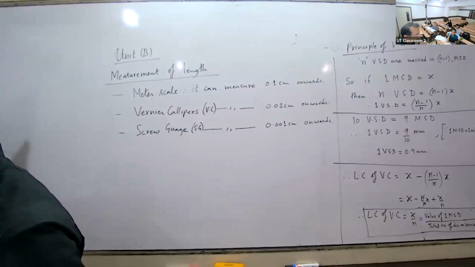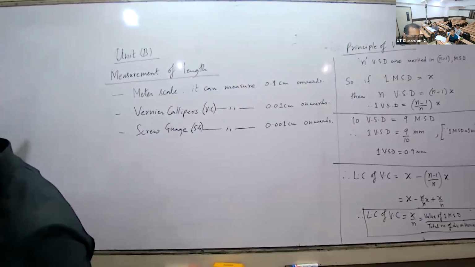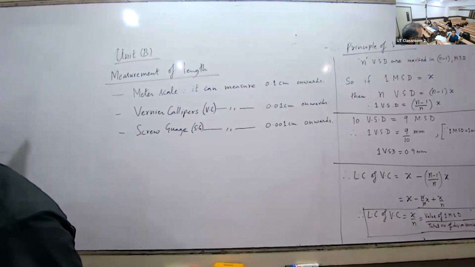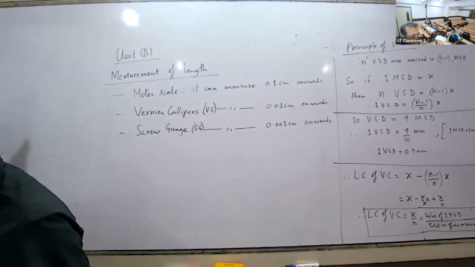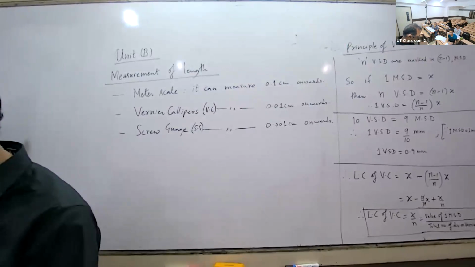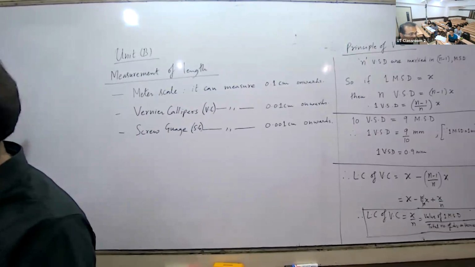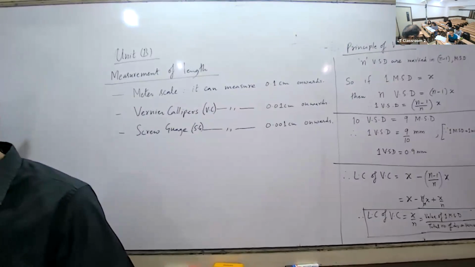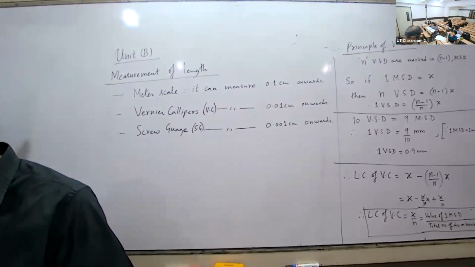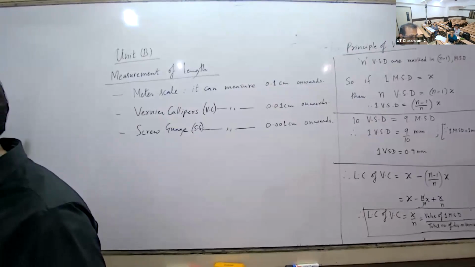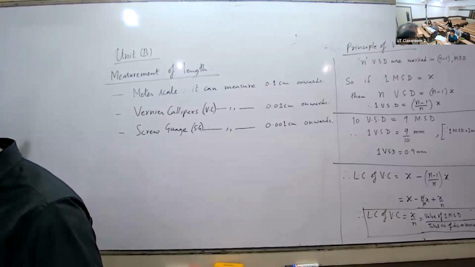When you rotate it, this screw will come and get attached with the fixed part. It's called the stud. Go with the terms given in your book. This screw and this circular scale are one unit.